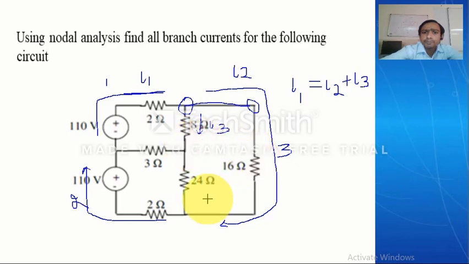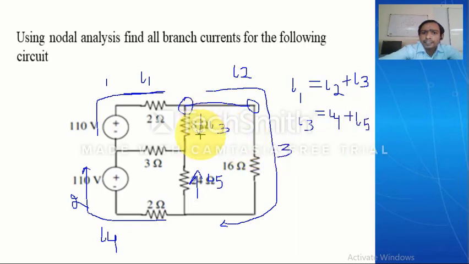Similarly, at this point, if I4 is the current at this node and I5 is the current here in the 24 ohm, then I3 must be equal to I4 plus I5 by KCL.